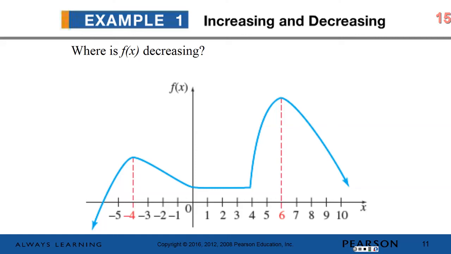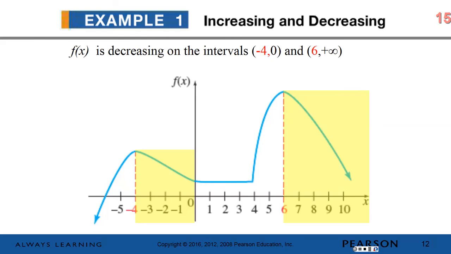Where is that function decreasing then? Okay, from -4 to 0, and from 6 to infinity. Okay? Like I said, I'm not real picky about the brackets or the parentheses.